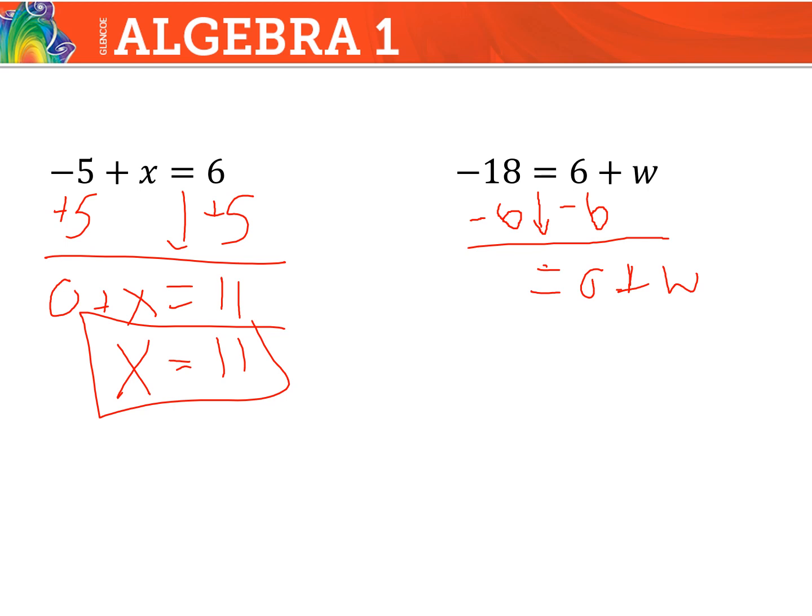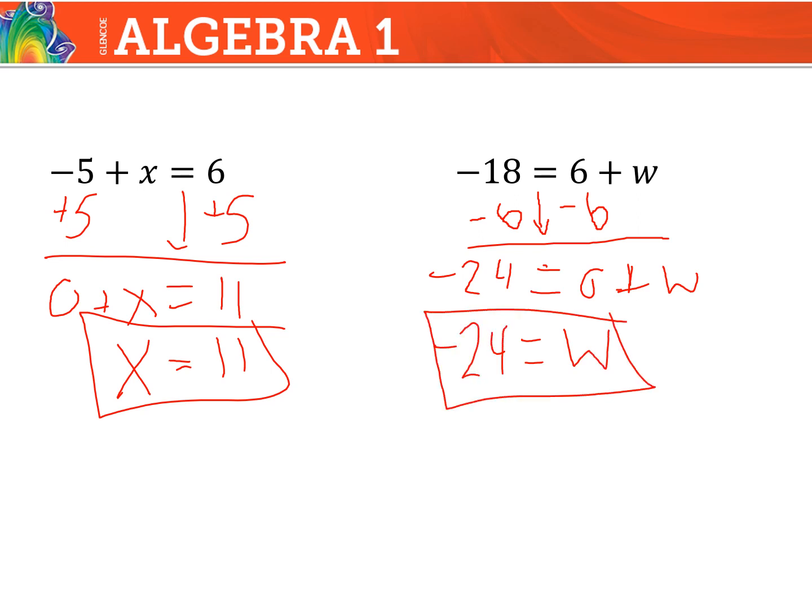Bear with my handwriting today, guys. It's not the greatest on the computer. And then negative 18 minus 6. Well, they have the same sign. They're both negative. So I'm going to keep the negative sign, but 18 plus 6 is 24. So I'll have a negative 24. So then 0 plus w is w. I get a negative 24. And that is my answer for that particular problem.